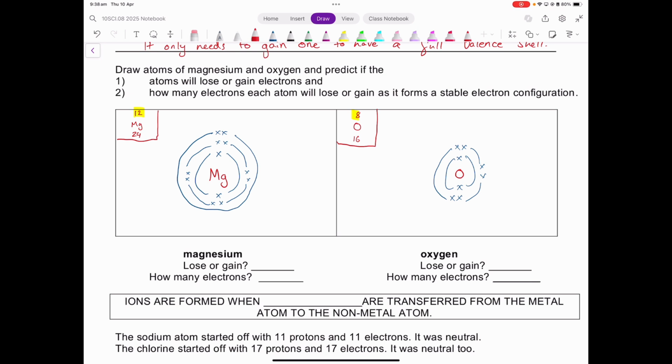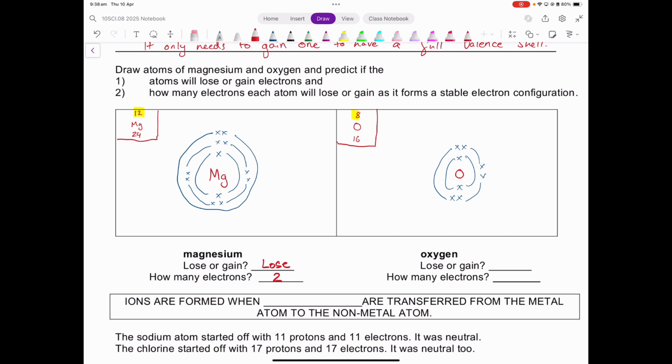And is it easier for it to find 6 more electrons or to get rid of 2? Get rid of 2. And so in this case, we lose 2 electrons. Why? So that magnesium can have a full shell. They want to be like the noble gases. They want to have full outer shells.